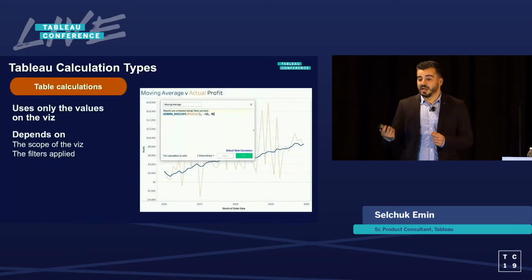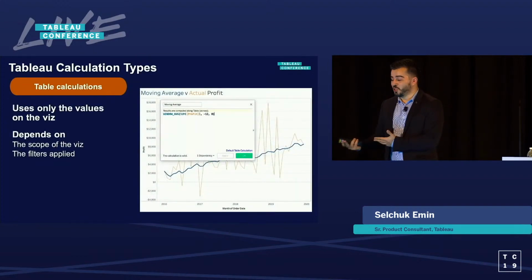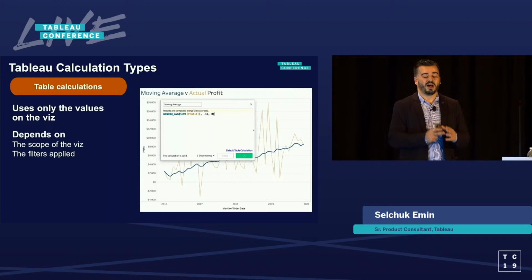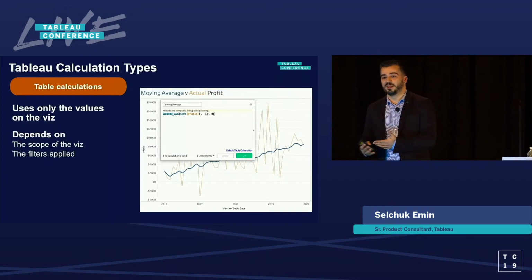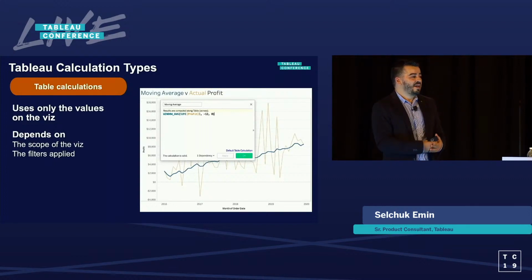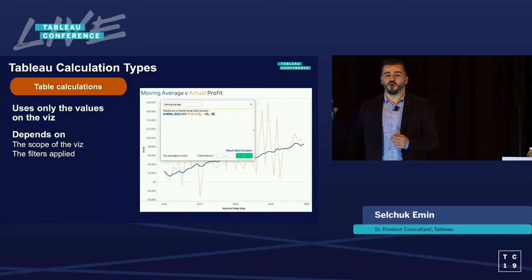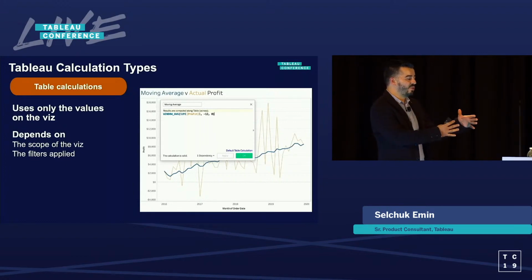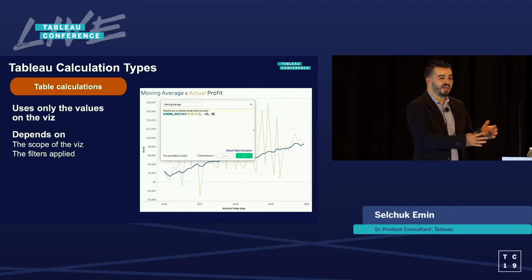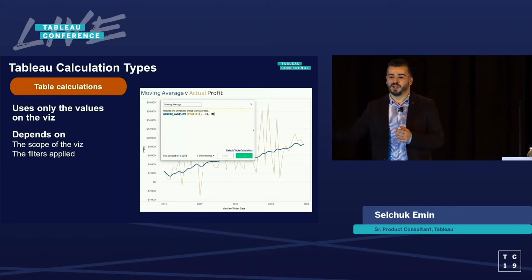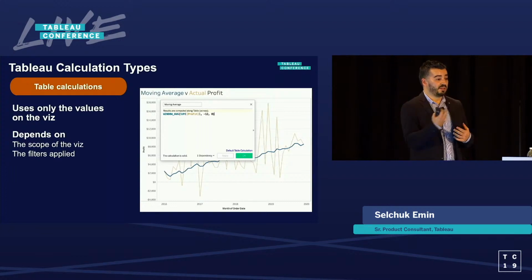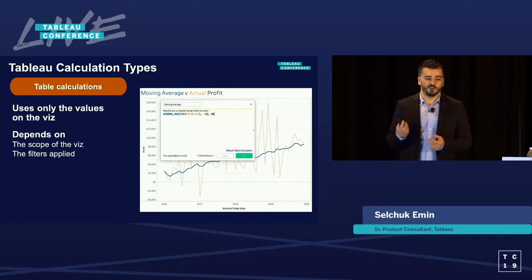The second type are the table calculations. Table calculations are calculations that are executed within Tableau. So they depend on what is on the view, so what numbers or values we have on the view, and they will take into account only those values. They don't go back to the database to check for or extract other values.